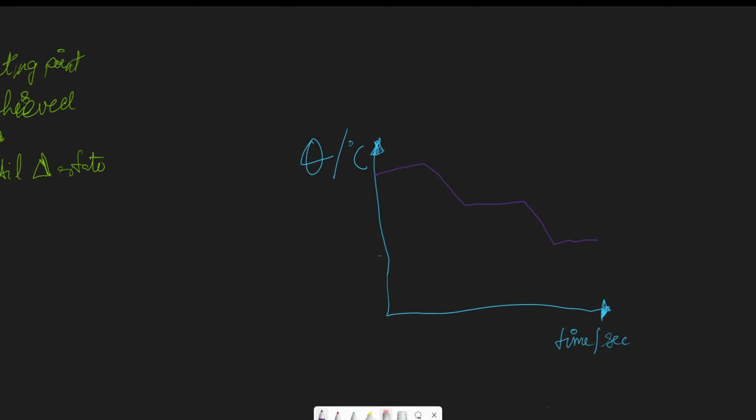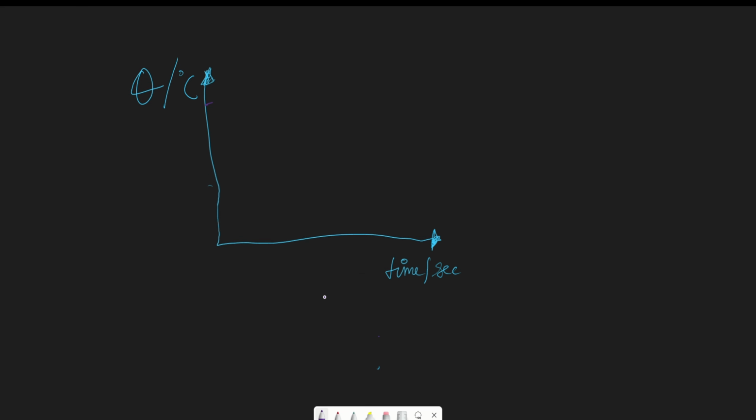Oops, it's not going to look like this. So yeah, a cooling curve is going to look like this, something like this, and then it'll continue below.